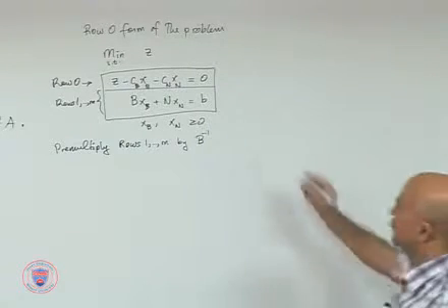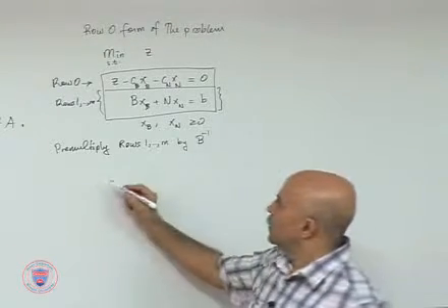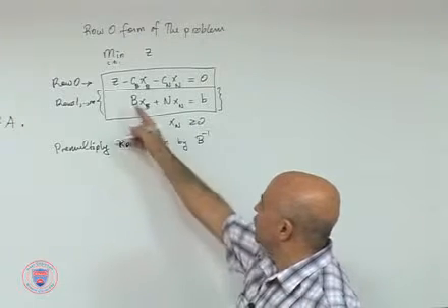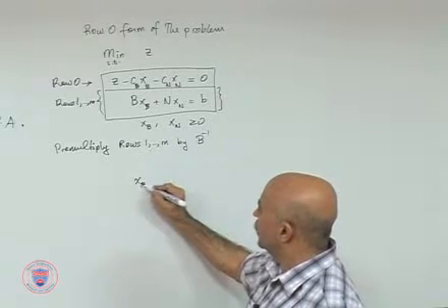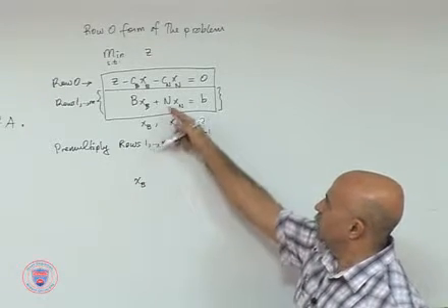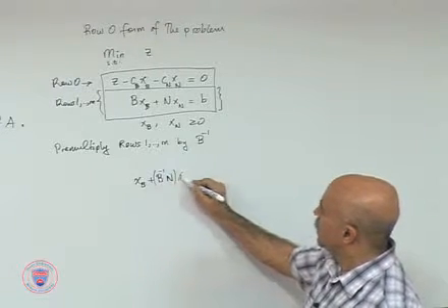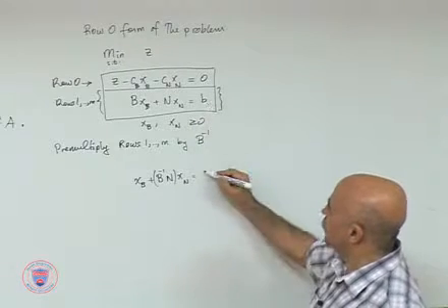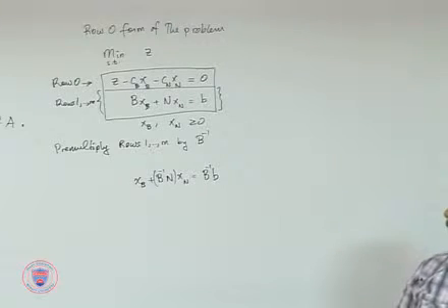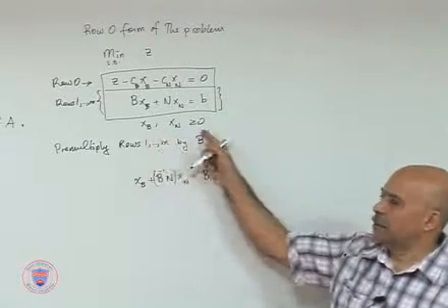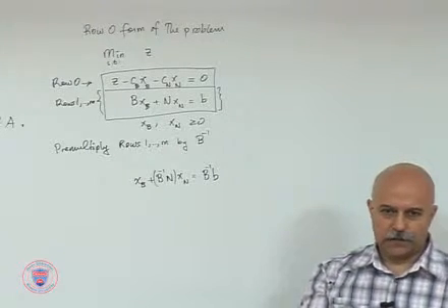When you do that, we're talking about pre-multiplication here, rows 1 through m. What you get is B inverse times B, which outputs identity, so that part gives you x_B. And then you have B inverse N here. And on the right side, you have B inverse b. That's what you get. And the non-negativity, I'm just keeping track of that on the side, so we're not doing anything with that. Okay?